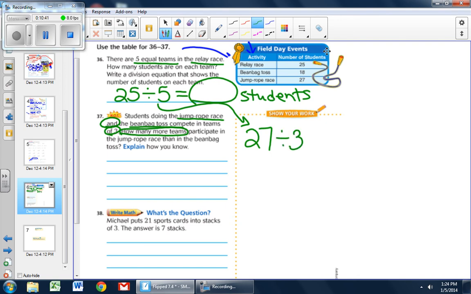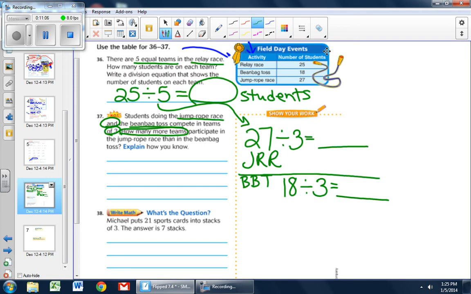And this is your jump rope race. Let's just use an abbreviation real fast. Then you'll need to figure out your beanbag toss. If you look at the top, there are 18 students that participated in the beanbag toss, and again, divided by teams of 3.